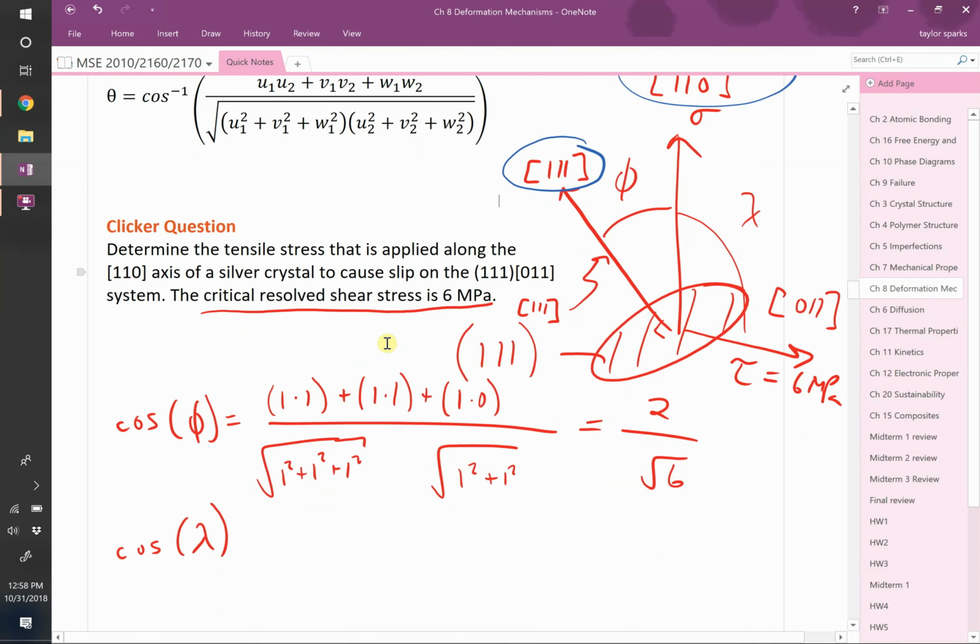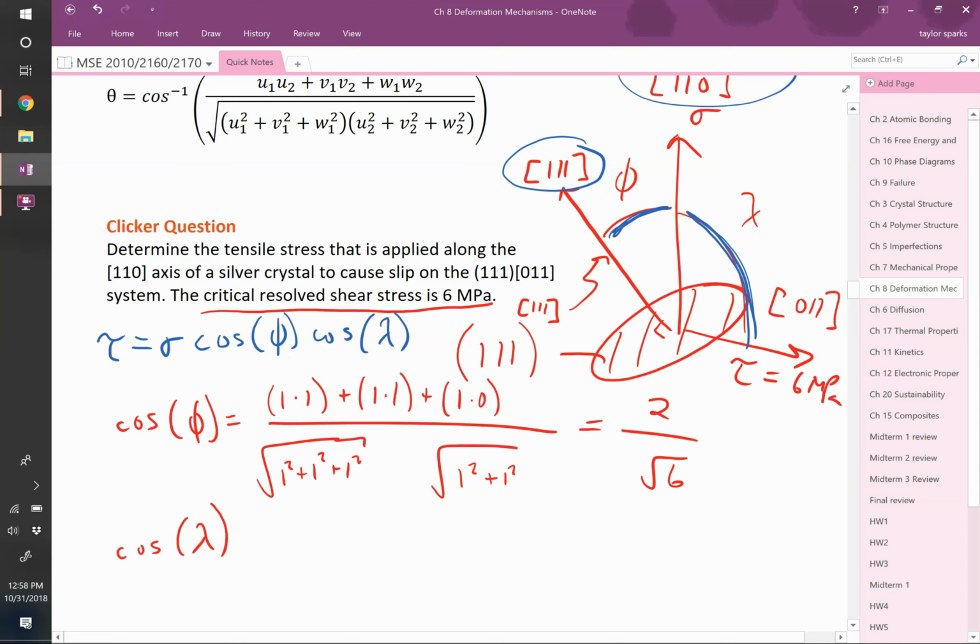The equation for resolved shear stress, tau, is equal to the stress that you apply multiplied by cosine of phi times cosine of lambda, where lambda and phi are the angles between your loading direction and the normal, and between your loading direction and the slip direction. That's phi and lambda.